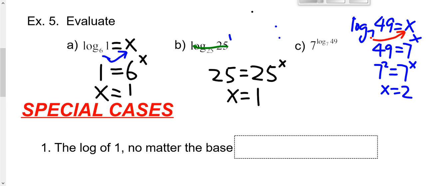So now that means this whole thing is equal to 2. 7 squared gives you 49. Of course, you can simply enter this into your calculator.